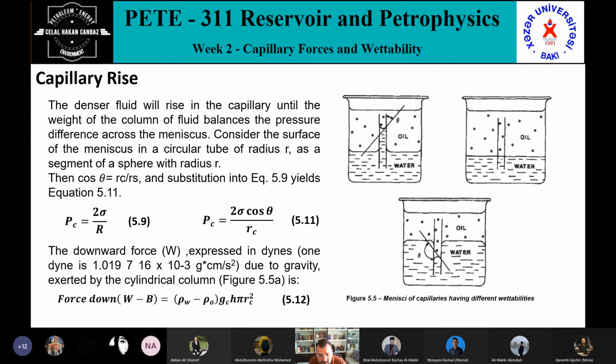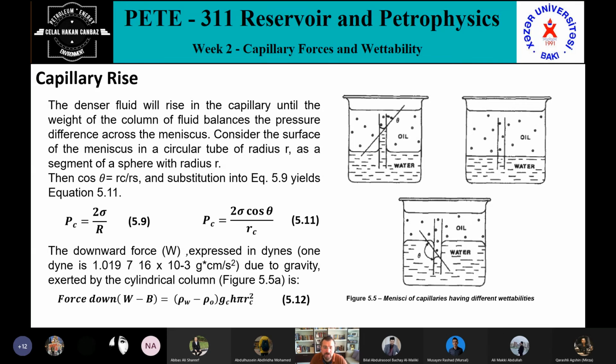Substituting into equation 5-9, which was 2 times the interfacial tension divided by R, and combining these two, as I mentioned previously, I achieve equation 5.11. The downward force we mention as W, expressed in dynes, where one dyne is defined in terms of centimeter, gram and second, due to gravity exerted by the cylindrical column.